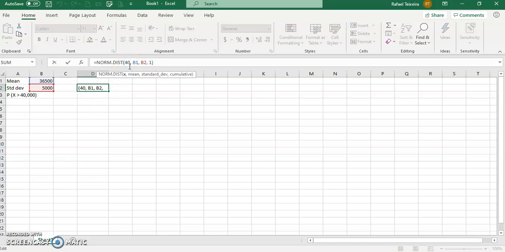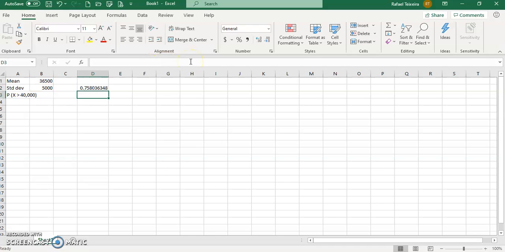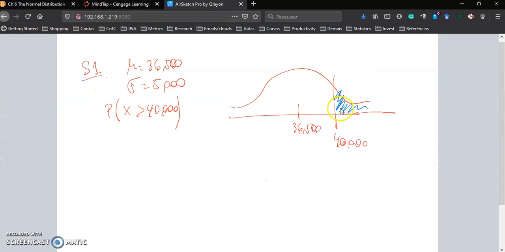Oh, that's the problem. It should be 40,000 miles, not 40. Okay, so 40,000 miles gives 0.75. Let's go back here. It doesn't look like this is 75%, right? What looks like 75% is this entire side here and not this small piece right here.